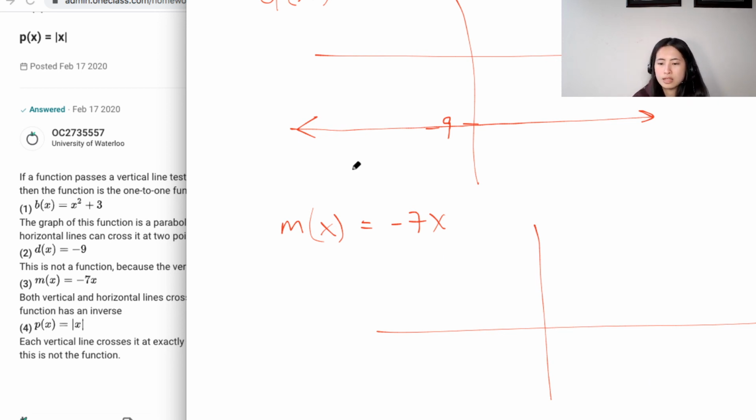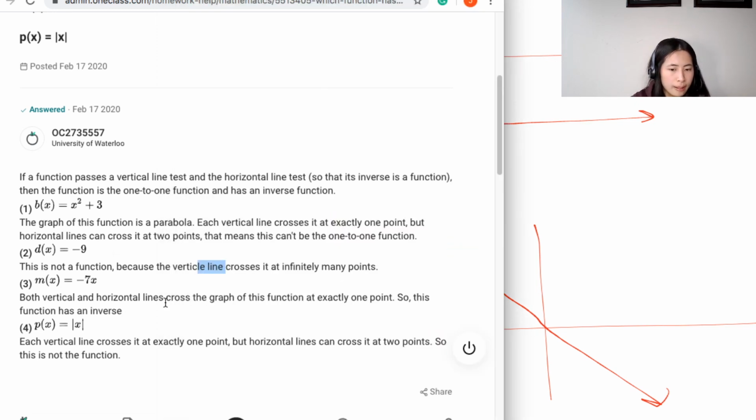It's supposed to pass through the origin. Okay, there we go. So this is -7x, and they're saying that it is a function and also it has an inverse.